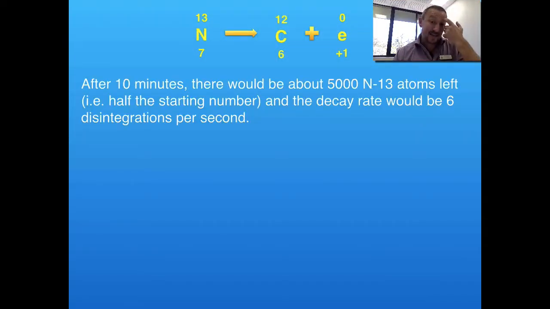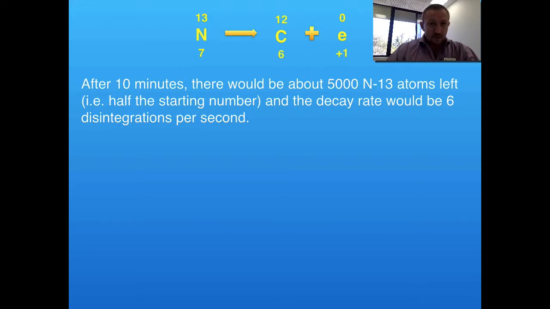Now, after 10 minutes, if we carried on this process, we'd have 5,000 nitrogen 13 atoms left. This is half the number that we started with, remembering we were starting at 10,000. The decay rate at this point would be 6 disintegrations per second.